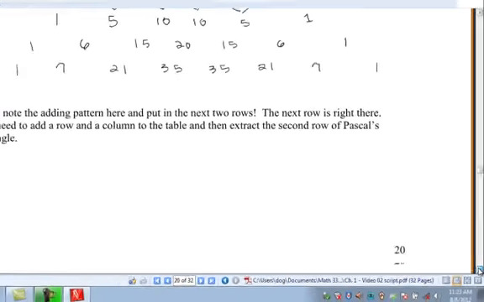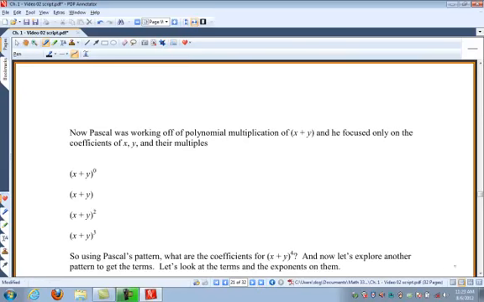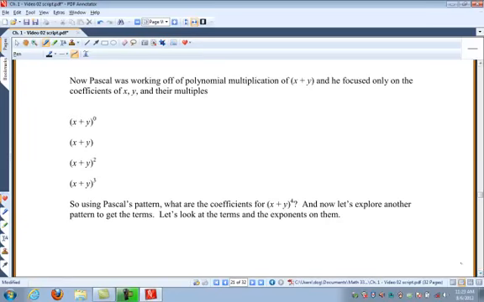Now, Pascal's situation was not our situation. What he was working with was polynomial multiplication of a binomial x plus y, and he focused only on the coefficients of x, y, and their multiples. Let's look at this. See, where we were working with a box and we were adding grid to the grid, Pascal said x plus y to the 0 power is 1.